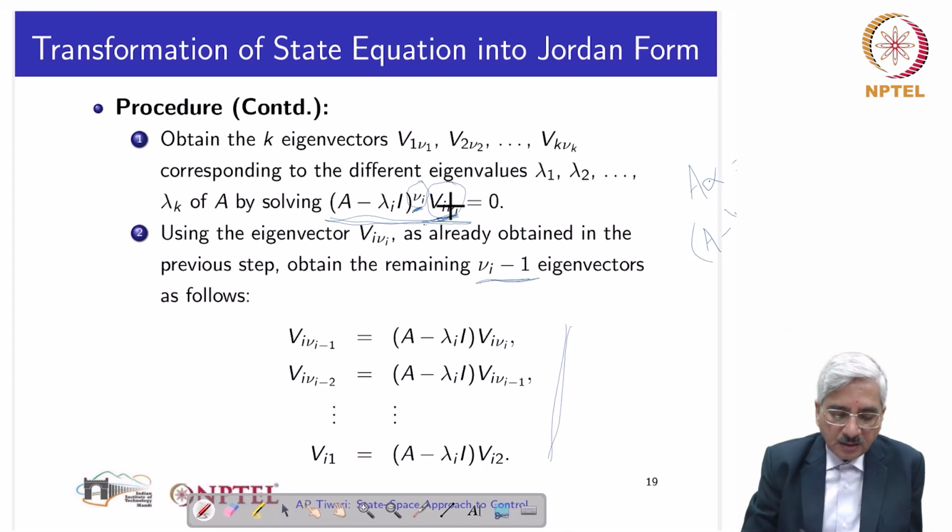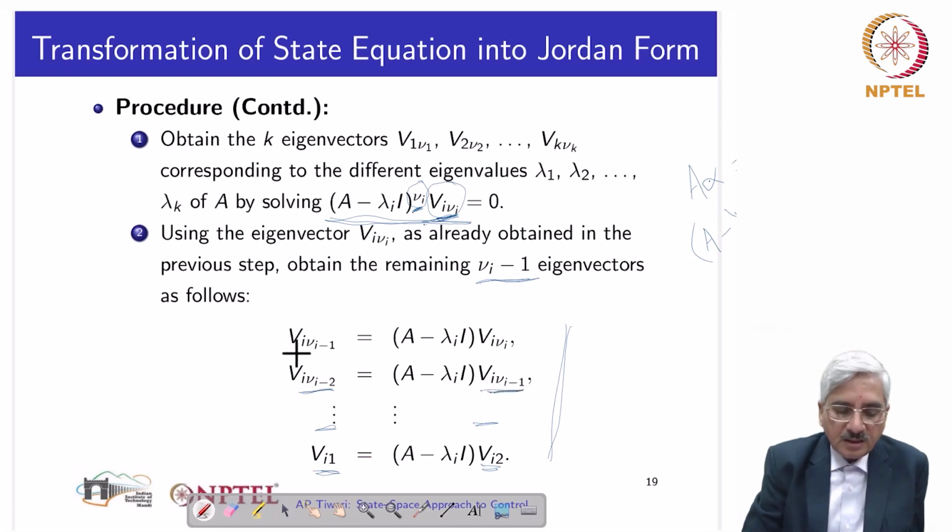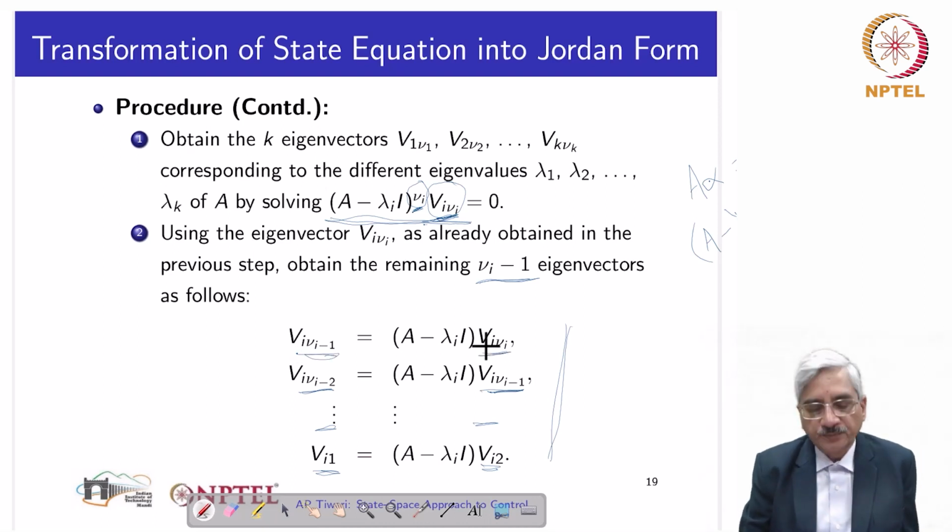So Vi1 comes from Vi2, Vi2 will come from Vi3, and so on; Vi nu i minus 2 will come from Vi nu i minus 1, and Vi nu i minus 1 is coming from Vi nu i.